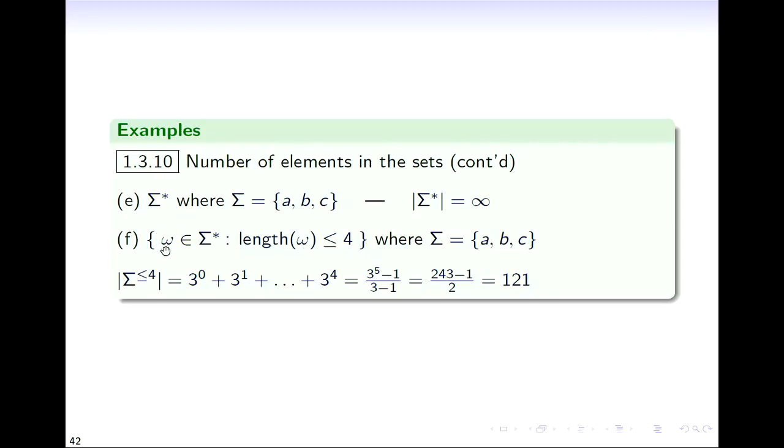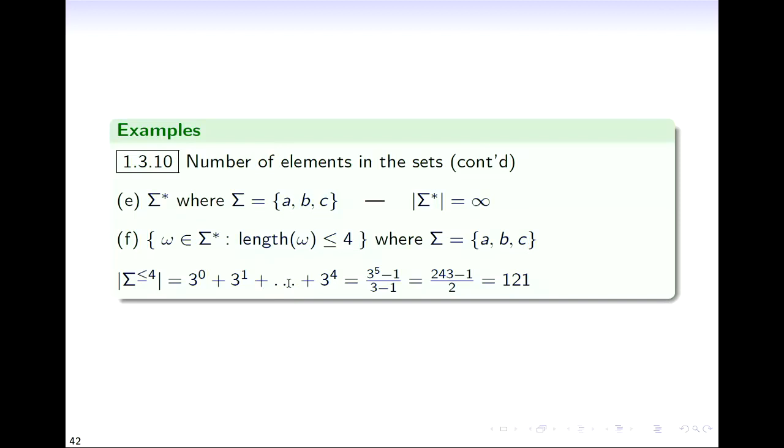Whereas if we say that we only want to consider words from sigma star that have a length smaller or equal to 4, where again sigma is {a, b, c}, then you have to consider all words of length 0, which is only 1, all words of length 1, and there are exactly 3 words you can build, all words of length 2, of which you have 3 times 3, that is 9 possibilities, because you start with AA, then AB, AC, and so on and so forth, up to CC.